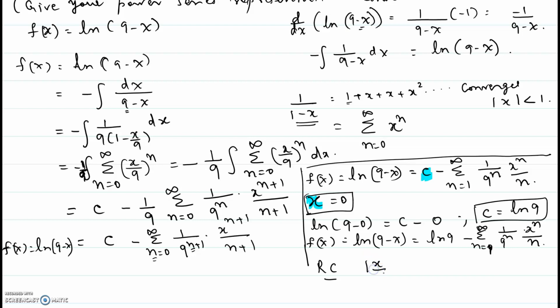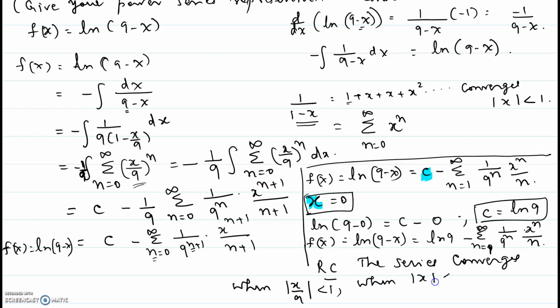So the series converges when absolute x over 9, the common ratio, is less than 1, or when absolute x is less than 9. So the radius of convergence for this one is going to be 9.